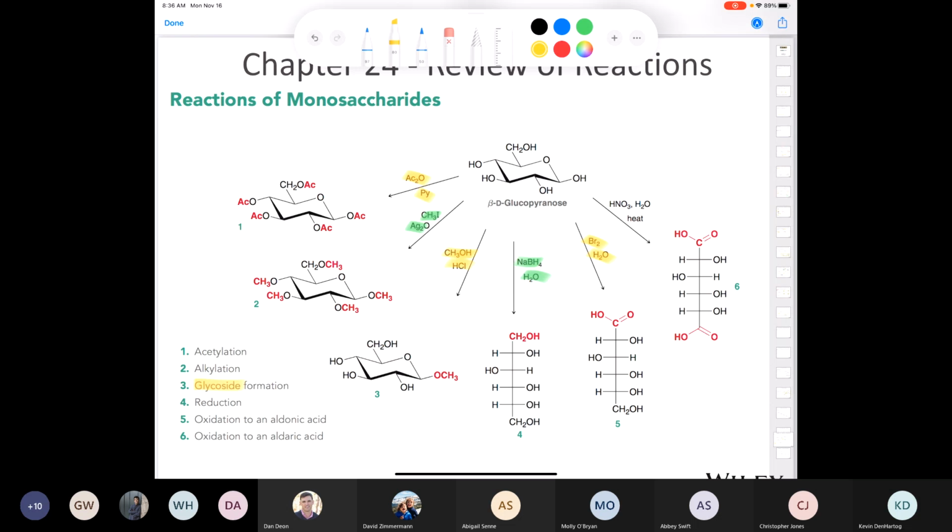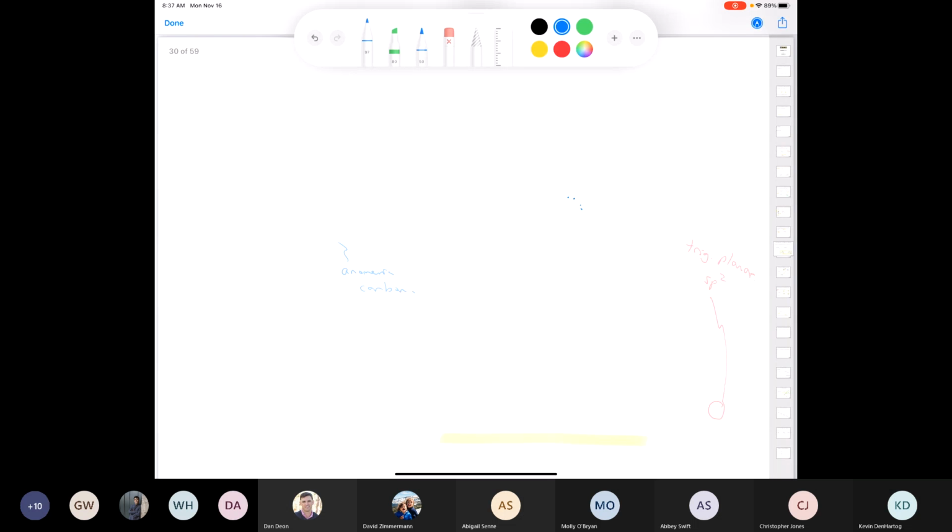We learned how to selectively oxidize the aldehyde to make an aldonic acid. And then we learned how to oxidize both ends with nitric acid, water, and heat to form an aldaric acid. So here we have reduction to form an alditol, then oxidize to form an aldonic acid, and then we oxidize to form an aldaric acid. There we go. So those are all the reactions that you learned, and that's all the reactions for this chapter.